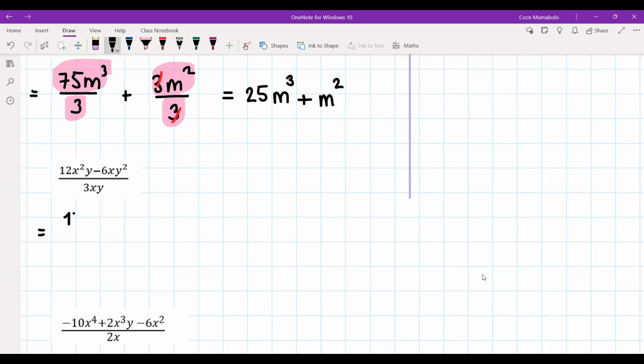So we're going to go 12x squared y over 3xy minus 6xy squared over 3x. Then divide each of them individually. Pop your answer in the chat. Go. You've got 2 minutes, guys. Actually, I'll give you 1. I feel like you guys can do this one quite easily. I'll give you guys 1 minute.